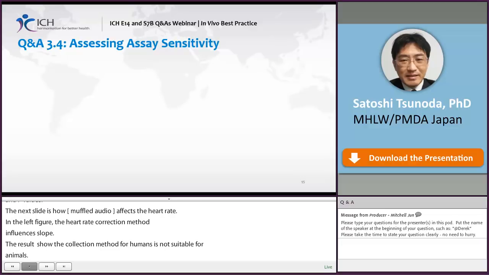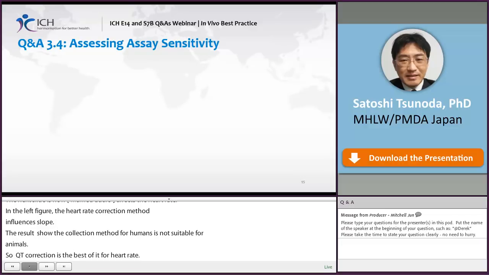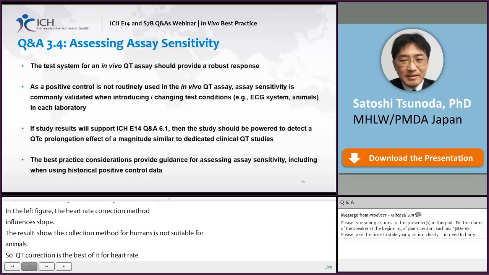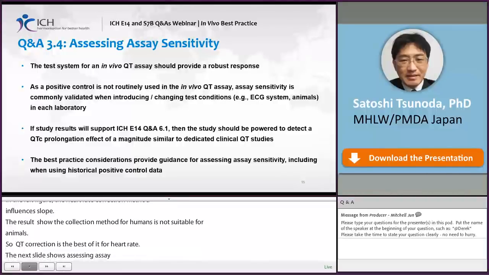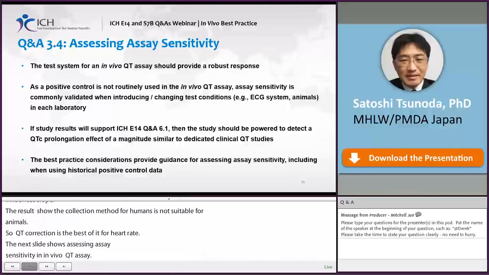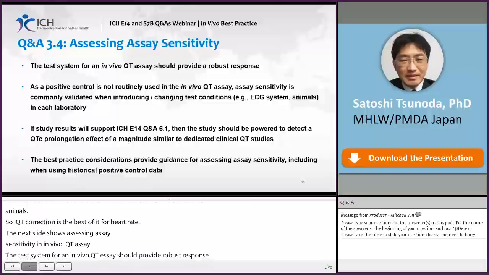Next slide shows assessing assay sensitivity in the in vivo QT assay. The test system for an in vivo QT assay should provide a robust response. As a positive control is not routinely used in the in vivo QT study, assay sensitivity is commonly validated when introducing or changing the test conditions in each laboratory.